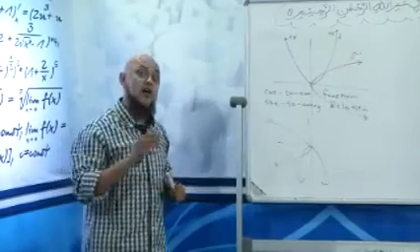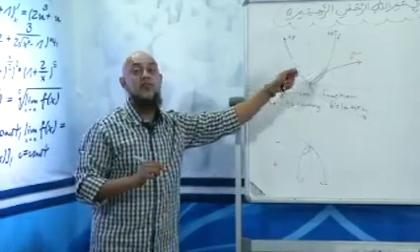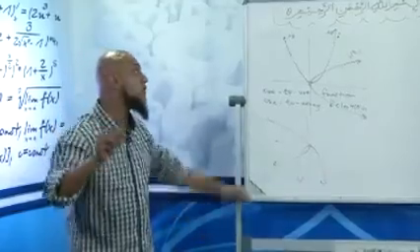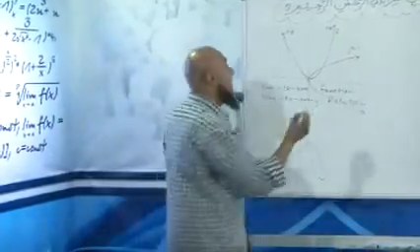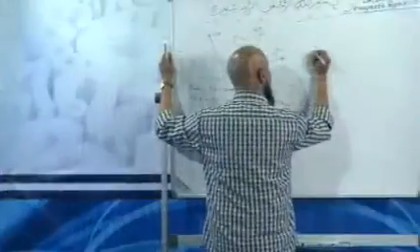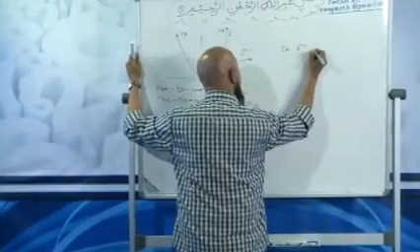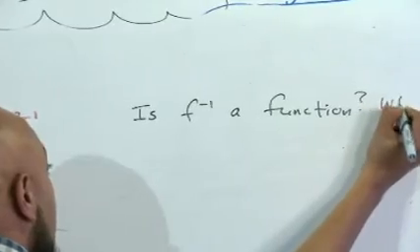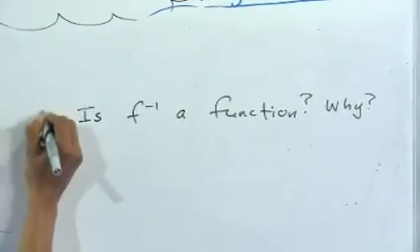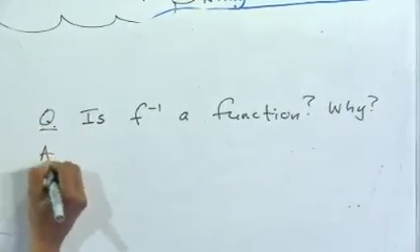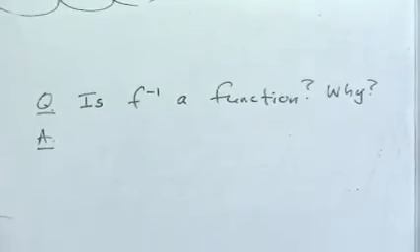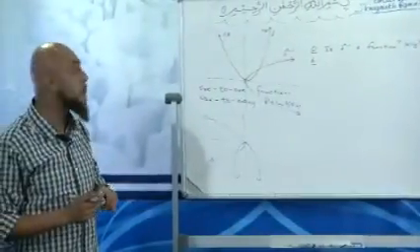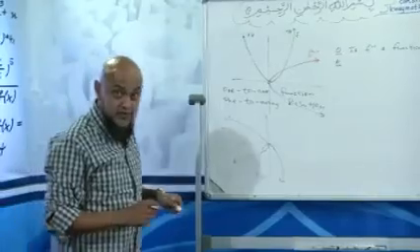Now they're going to ask you, is f of minus 1, the inverse function of the original function, a function? And I know you're all sitting there watching the program, and 99% of you grade 12s are already answering the question: no, it's not a function.